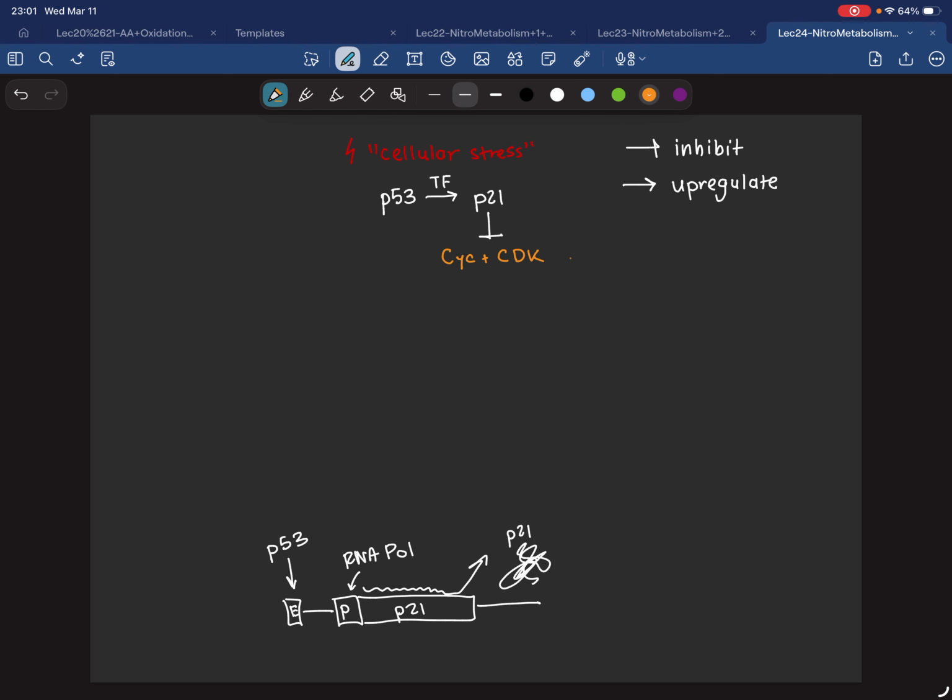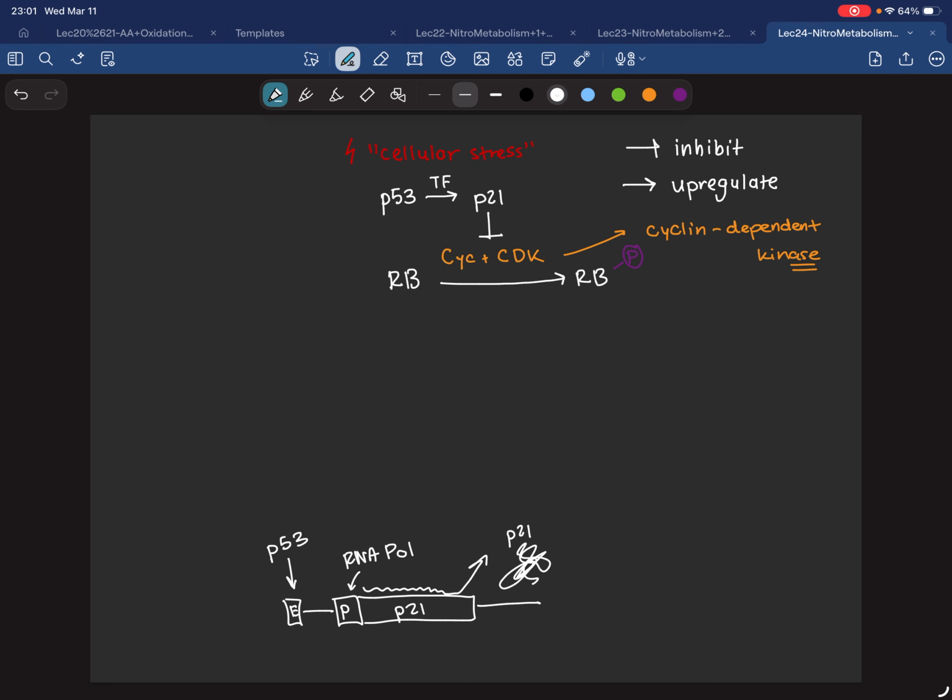So what is CDK? CDK is a cyclin dependent kinase. Alarm bells should be going off in your head saying that kinase tells you it's an enzyme. Kinases specifically are enzymes that phosphorylate things or dephosphorylate them, depending on which direction they're working in. In our case, cyclin and CDK is responsible for the phosphorylation of RB, retinoblastoma.